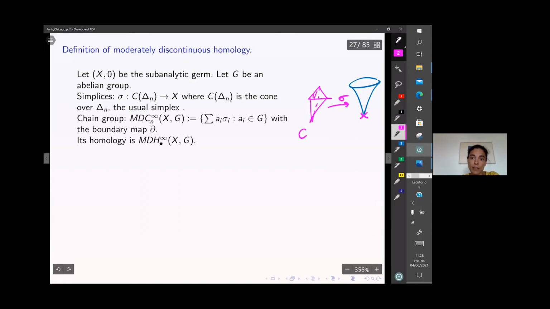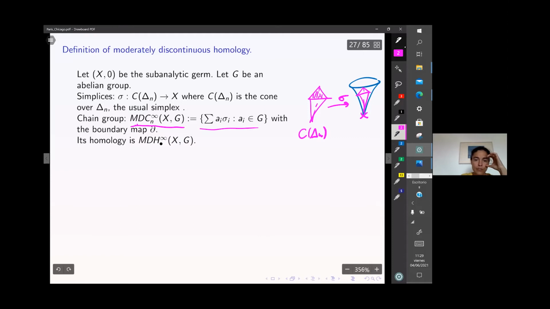This is the standard simplex, so consider the cone, and the simplices are mappings from the cone over the simplex to our singularity. And now we do the usual thing. We take the chain group.